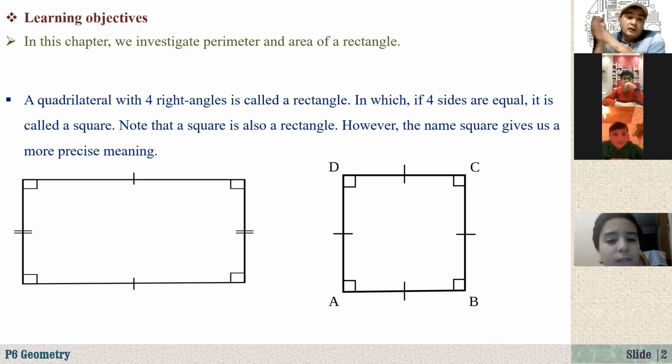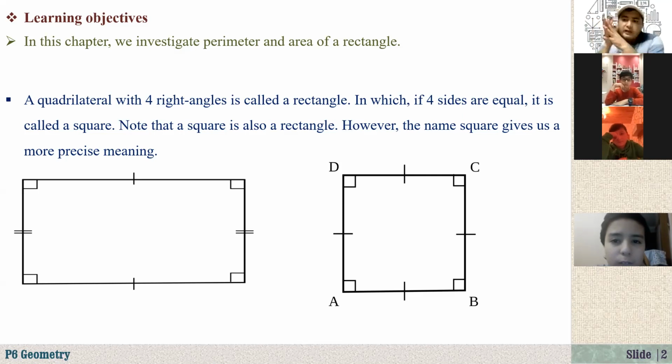Some quadrilaterals are very special, more important than other quadrilaterals. These are rectangles, squares, kites, rhombus, trapezium, and parallelogram. But in this class, we will just talk about two of them: the square and the rectangle.